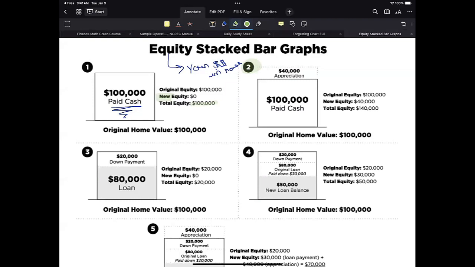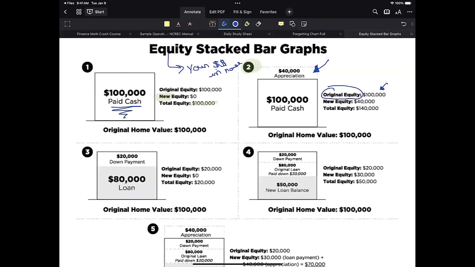Yes. All right. So in this scenario, on day 1, you bought the house for $100,000 cash, which means on day 1, your original equity would be $100,000 if you sold it the next day. But if 2 months later Oprah moves in, you might get $40,000 in appreciation. Your house is worth $40,000 more simply because somebody might be able to peer over the fence and have a conversation with Oprah.